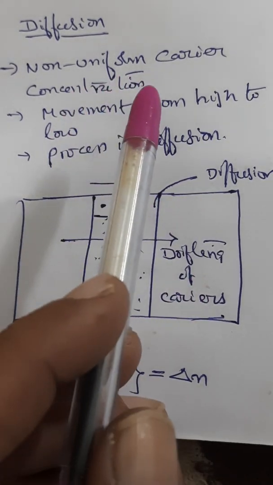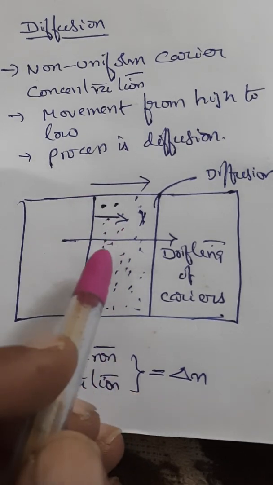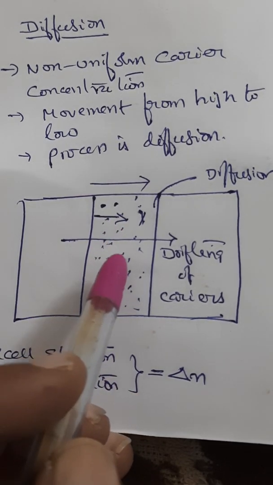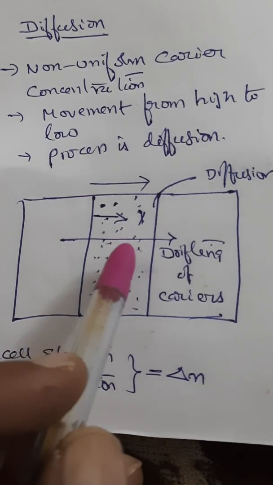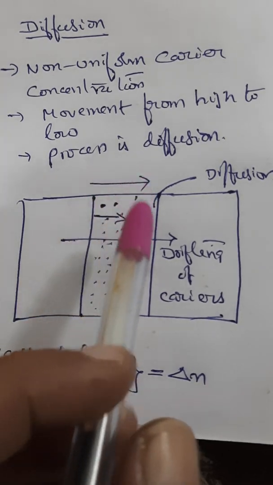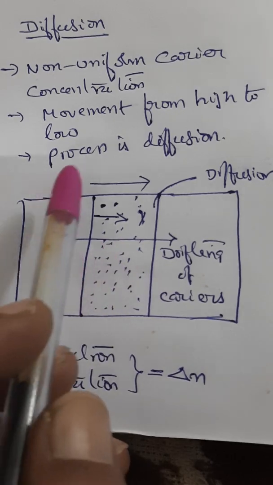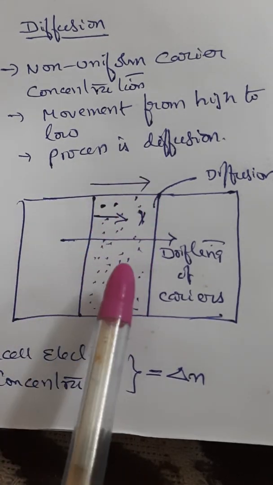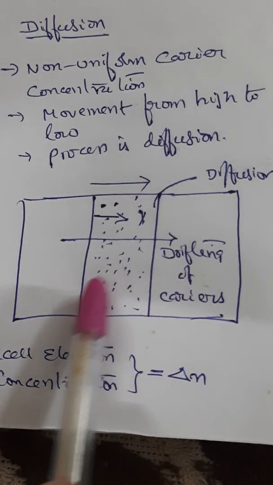Due to non-uniform carrier concentration in a semiconductor, the charge carriers move from a region of higher concentration to a region of lower concentration. This process is what is known as diffusion of charge carriers.